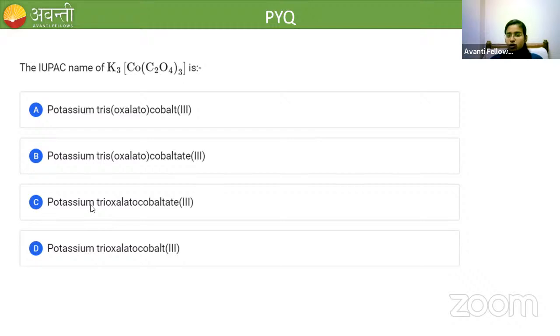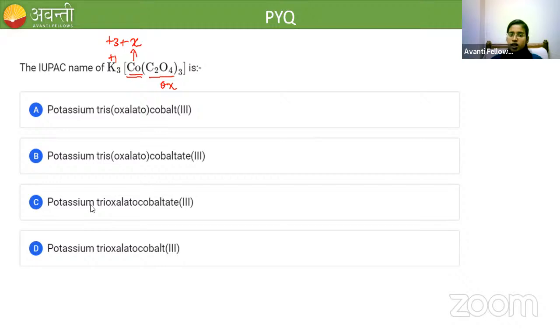So we need to find out the oxidation state. Before moving on to the IUPAC nomenclature, we need to go for the oxidation state, right? So we have to find out the oxidation state of cobalt. Cobalt is taken as X. For each potassium, the charge is +1, and we have 3 potassium, so it is +3 plus X. And C2O4 is an oxalate ligand.